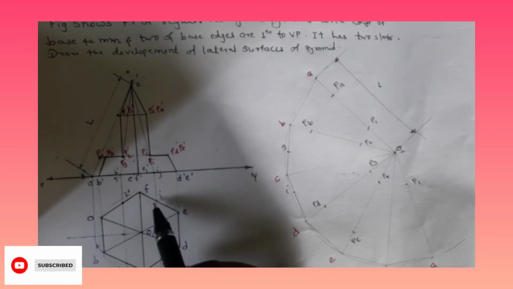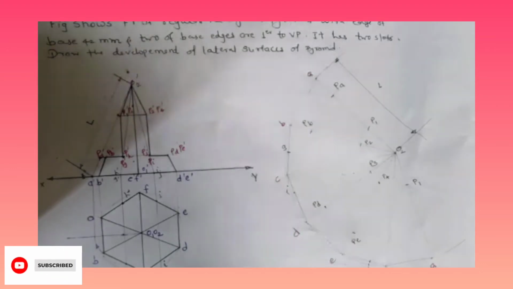Similarly we have to locate this point J, so it is on the base edge EF. From this point E we have to take the distance EJ in our compass, and from this E we have to mark here, so here will be the point J. In the same way we are getting the point H, which is on this base edge FA.